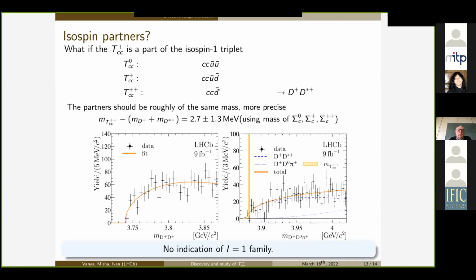Though we see nothing here, no signal, even at the level of around 100 events. So that's another argument that the tetraquark is indeed isoscalar.